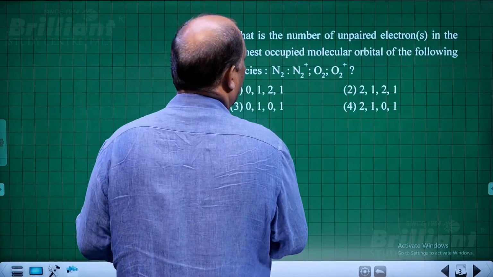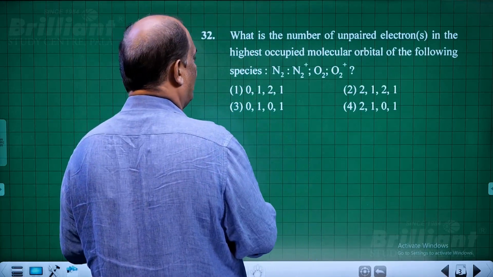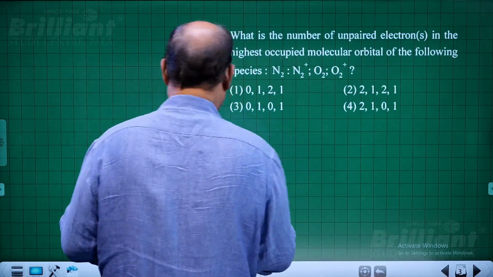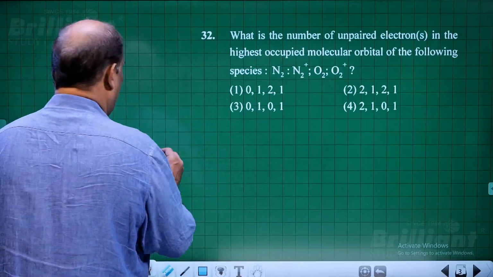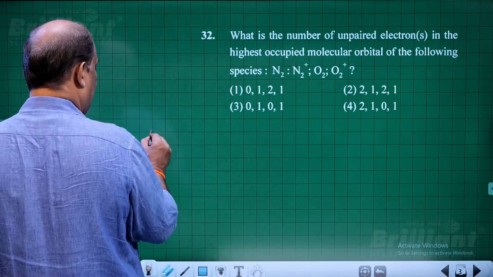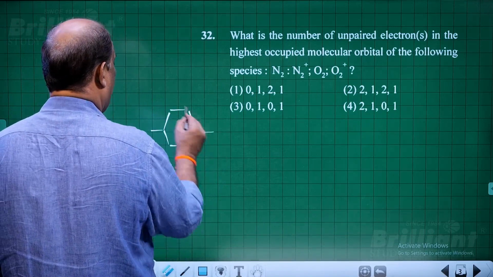What is the number of unpaired electrons in the highest occupied molecular orbital of the following? Nitrogen, highest orbital. If at all you write, this is nitrogen, we can easily say that. This is the 14 electron diagram.